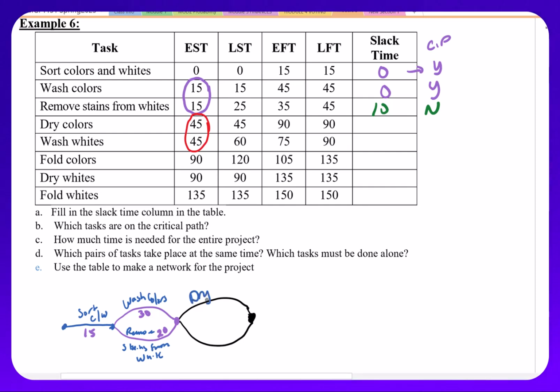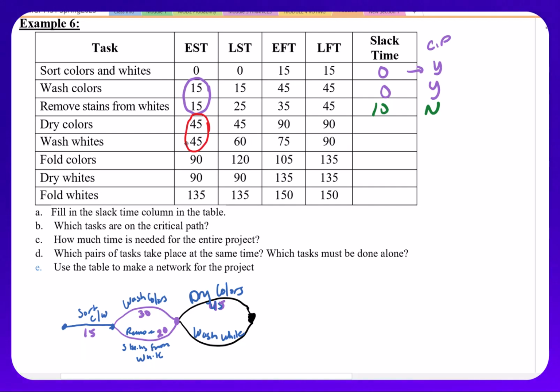We can dry the colors, which if we look at this one, 90 minus 45 gives me 45 minutes. I'm going to put that in purple. Once I've started drying them, I can wash my whites, basically stick my whites in the washing machine. And that's going to take a total of, if I do this, 75 minus 45.